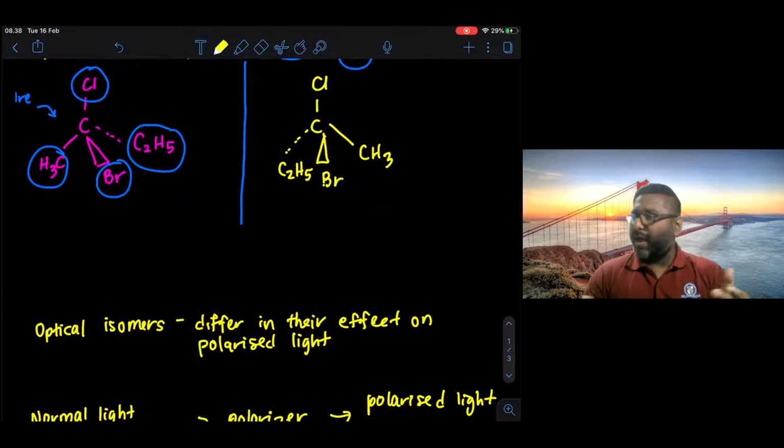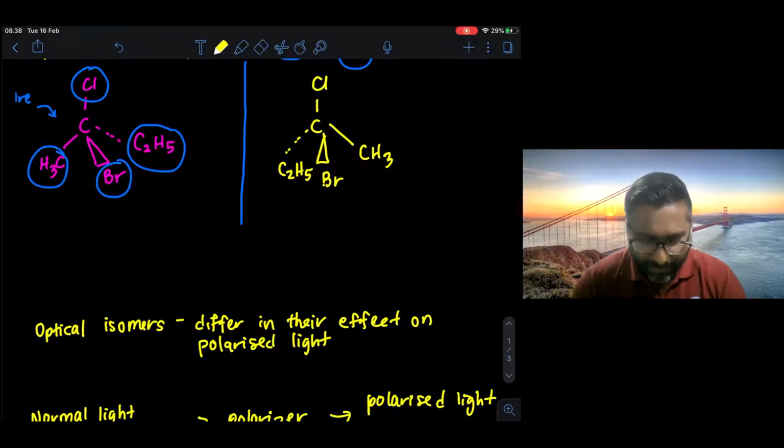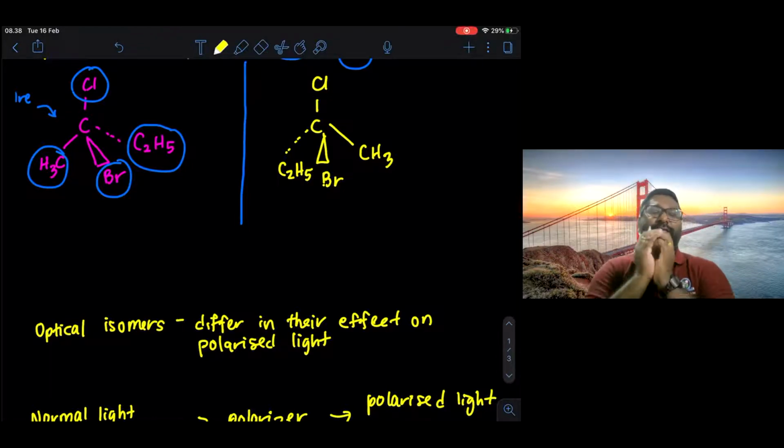For optical isomerism, they have the same chemical property, and the only thing that is different is their physical property, which is the effect that they have on polarized light.